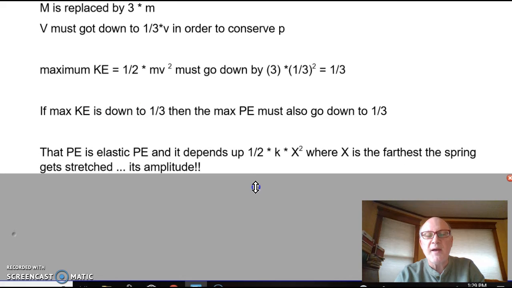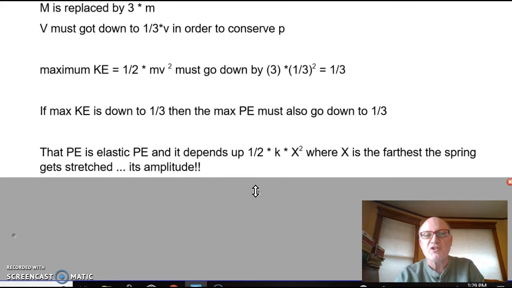So that potential energy is elastic potential energy, which is calculated by 1/2 k times x squared, where x is the stretching of the spring. And since we're talking about the maximum potential energy, we're talking about the value of x which is the largest that the spring gets stretched or compressed.